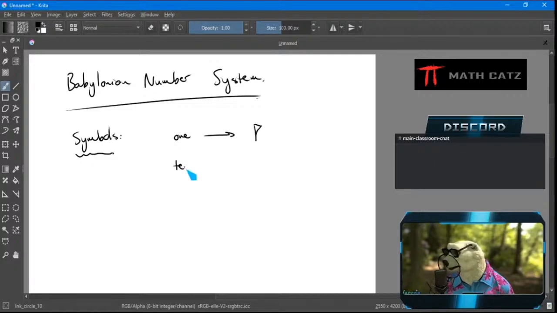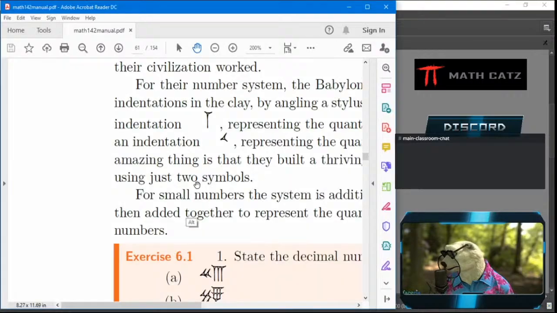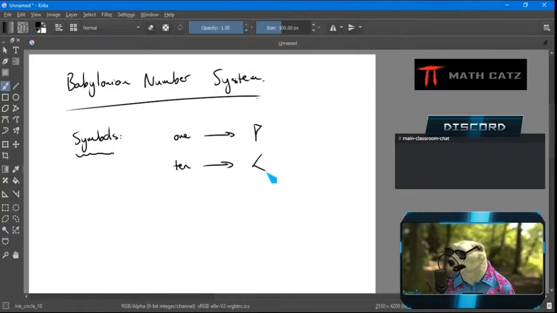And then for 10, they would angle it sideways to make this little less-than sign, or a little eye, or a little mouth, whatever you can visualize that to be.